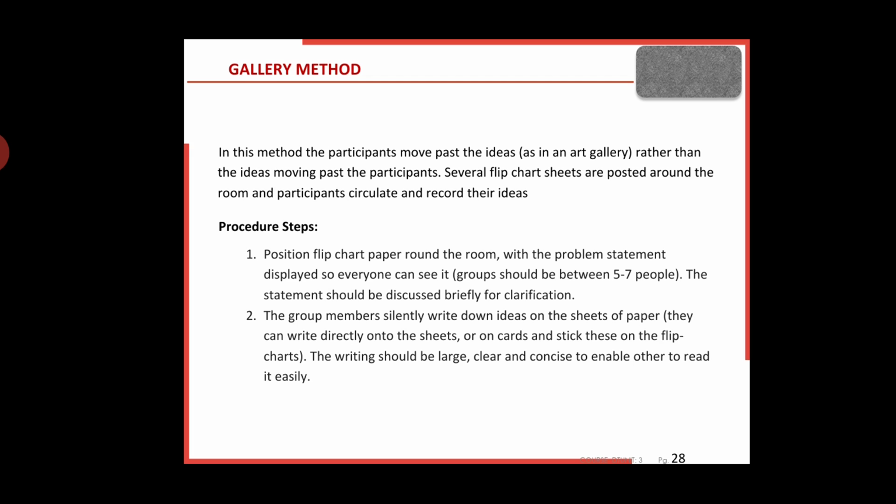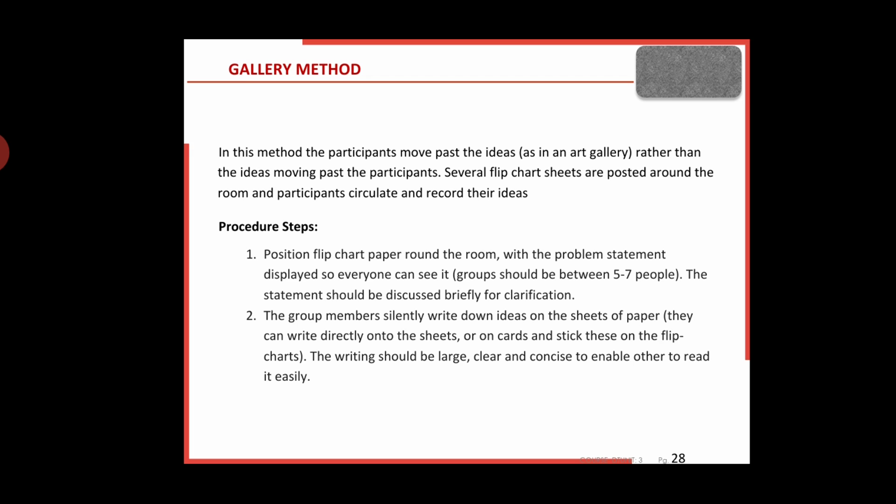What I mean to say is that this method combines individual work with group work, and it is particularly suitable for any stage of the design process where the solution proposals can be expressed in the form of sketches or drawings.